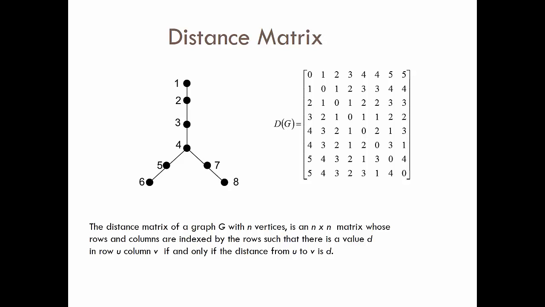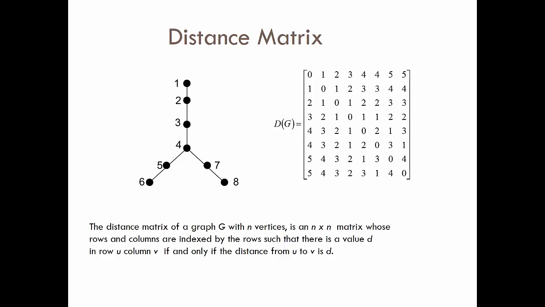The distance from vertex 1 to vertex 5 is 4, and the distance from vertex 1 to vertex 7 is also 4. Because of that fork, we can go from 1 to 5 by the same distance as from 1 to 7, and it's 4 in both cases. And the distance from 1 to 6 and from 1 to 8 is 5 in both cases. So our first row ends with 4, 4, and then 5, 5.